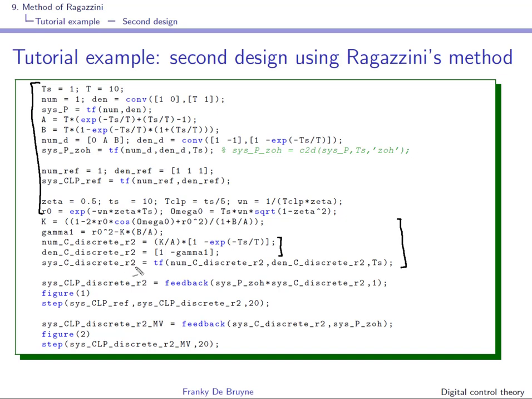Once you have this second Ragazzini design, you can compute the two relevant transfer functions and have a look at the step responses. Again, in Matlab you will only have the response at the sampling instance, and you will not see the intersample behavior. For that you have to look in Simulink.